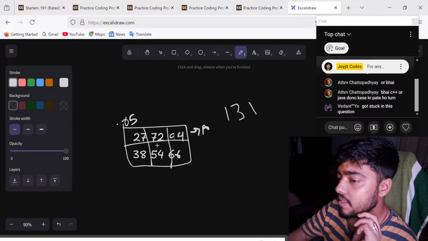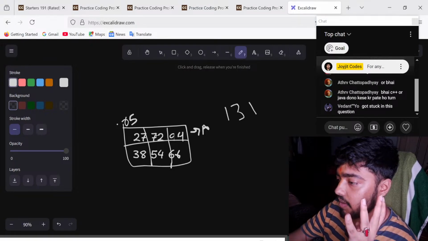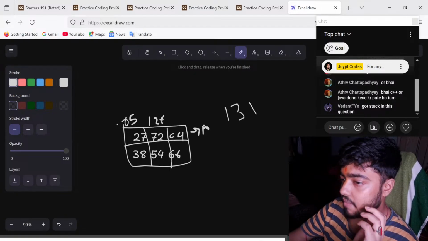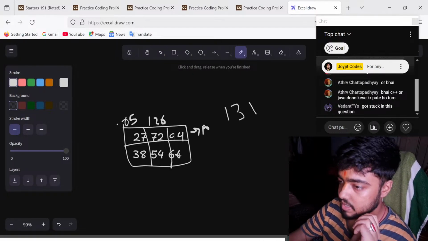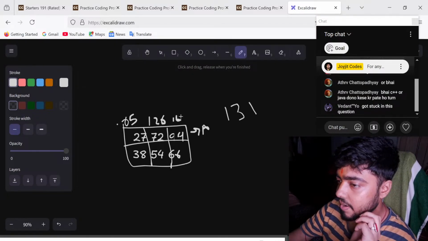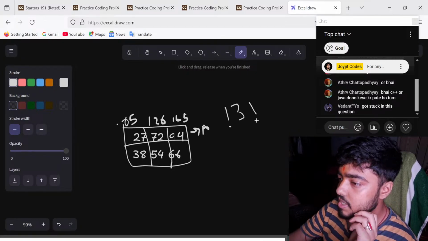Now if I add these, 7, 8, 9, 10, 11, 12, that is 126, right? Good enough. Now if I add this 99 and 66, this becomes 165. You can notice that this 165 is greater than 131, so we can't make this 165. We have to make it 131.